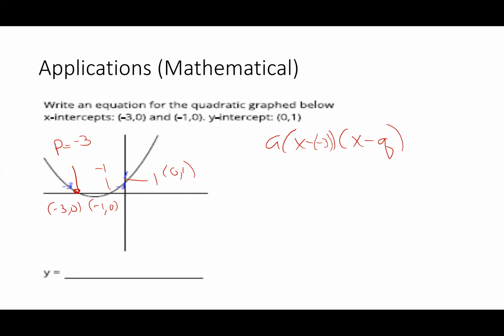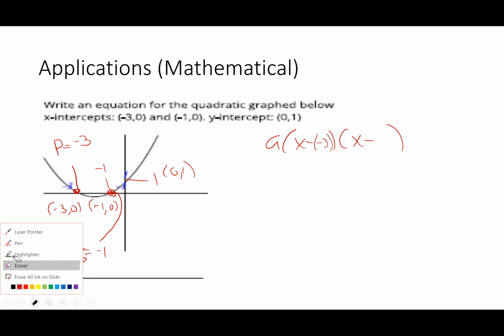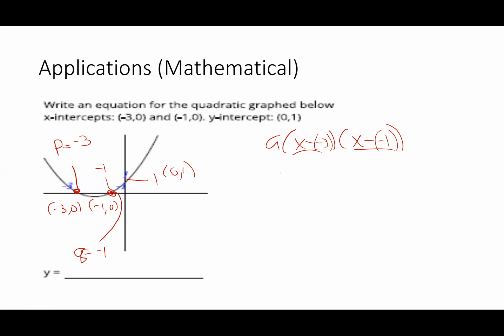And I've got q is -1. All right, and now that minus -3 and minus -1, that's really just x plus 3 and x plus 1. Now I need my a value.